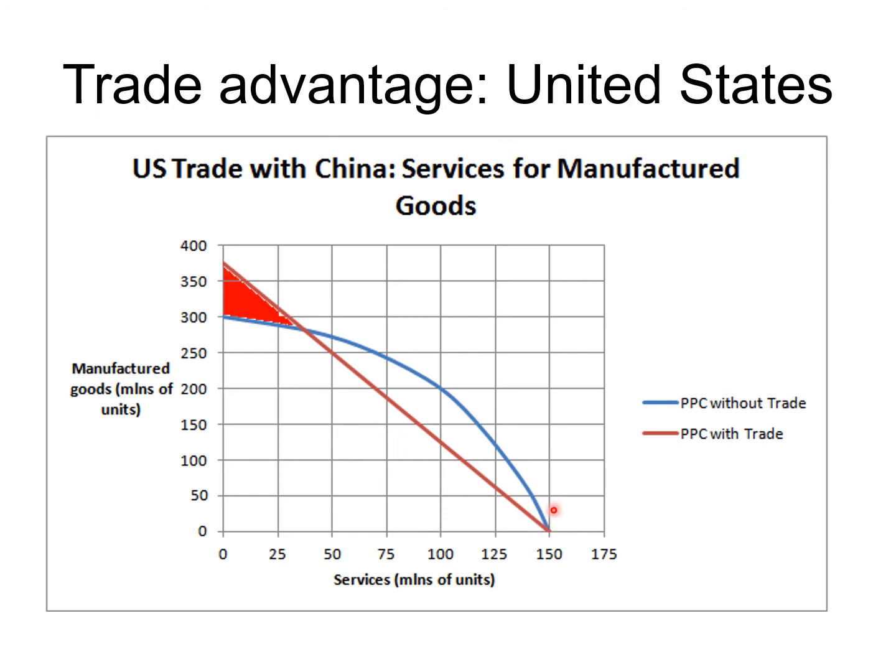If they domestically produced 150 services and sacrificed them all, they'd only get 300 manufactured goods. But if the U.S. produces 150 and sells them all, trades them all, okay, they would get 375. So the U.S. gains this by engaging in trade with someone that specializes in manufacturing, like China.